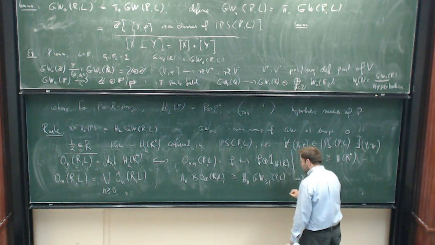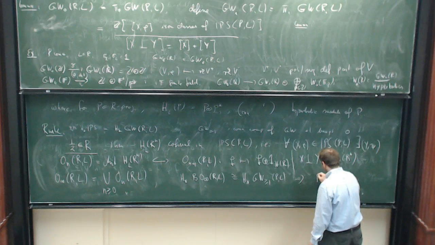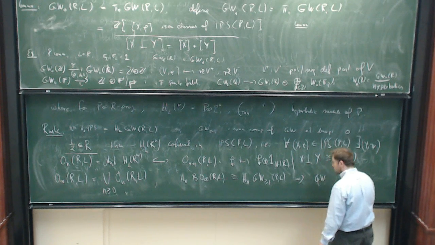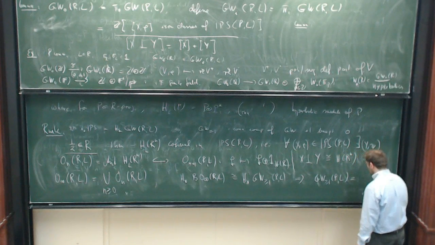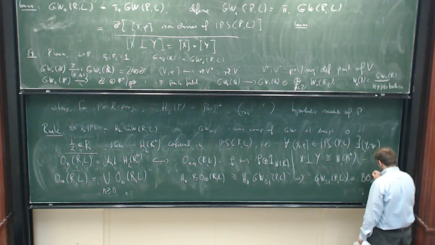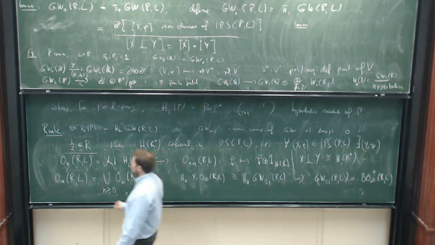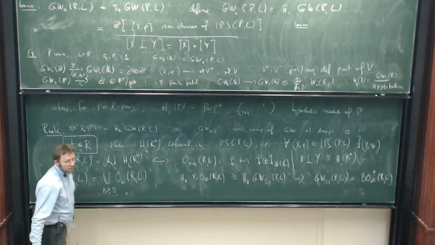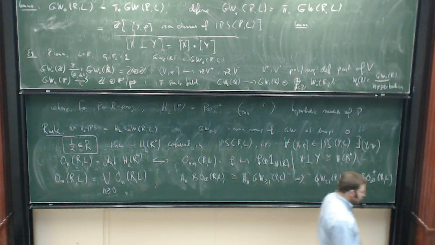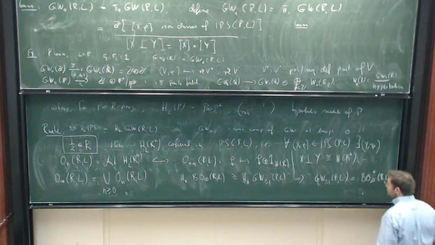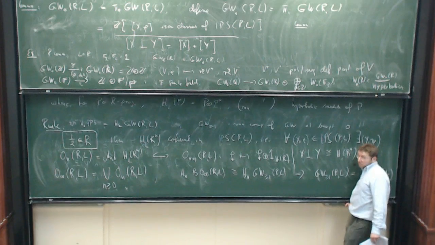And so you can think of the connected component as just BO infinity plus of R. But again, that's under this hypothesis. It just follows immediately from the definition. There's no deep mathematics going on here.